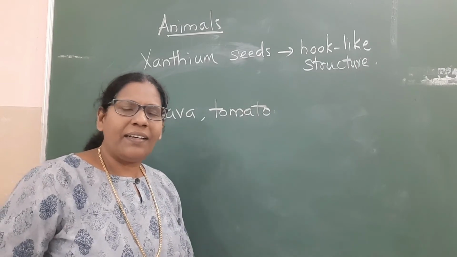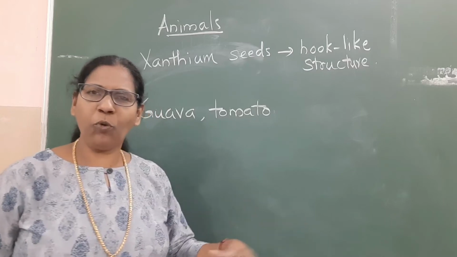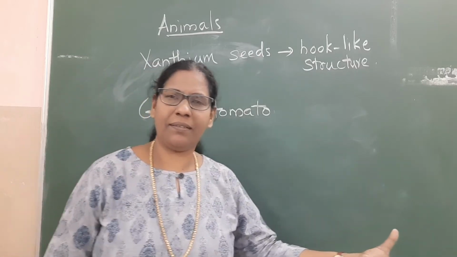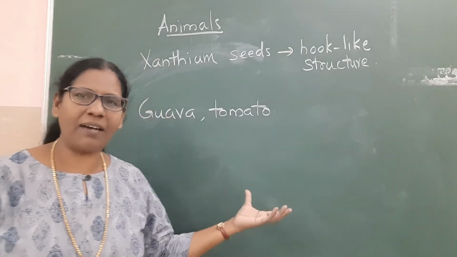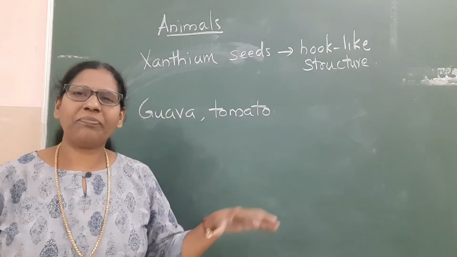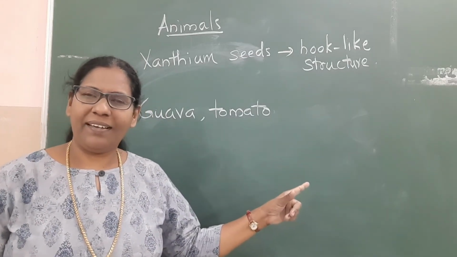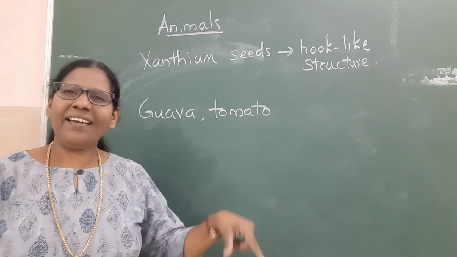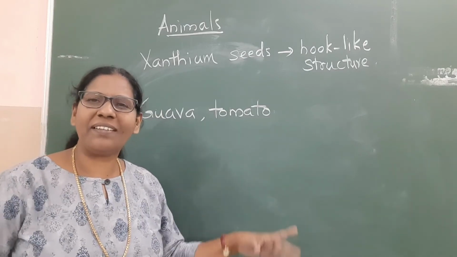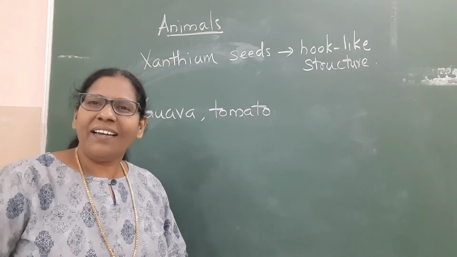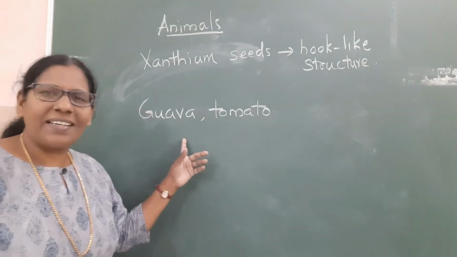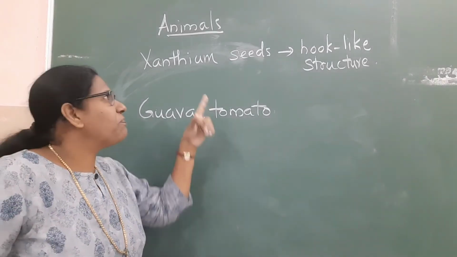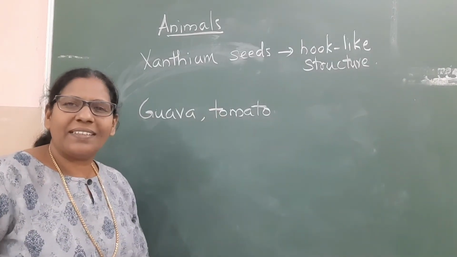The animals keep moving from one place to another, and there they pass their dung, and in the dung these seeds will be there. Where the dung is, the new plant grows. So that is how seeds disperse through animals.